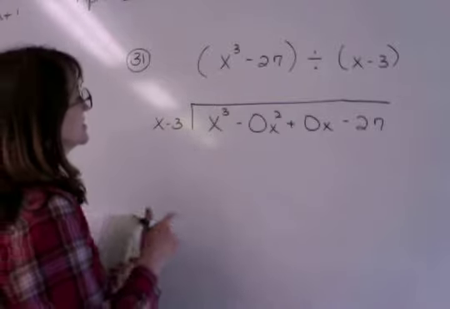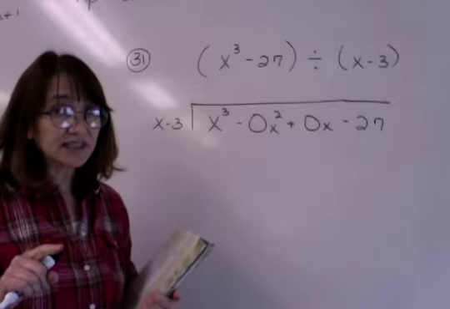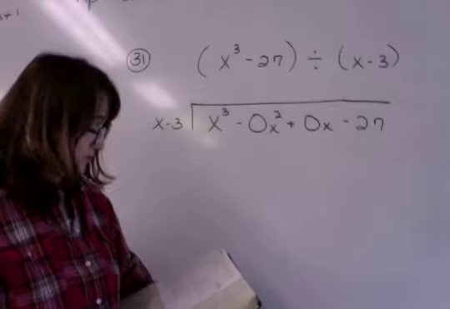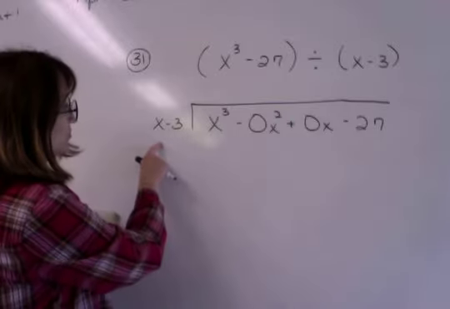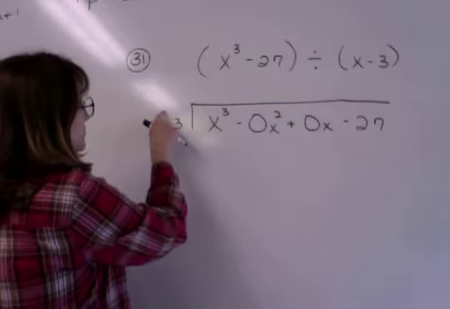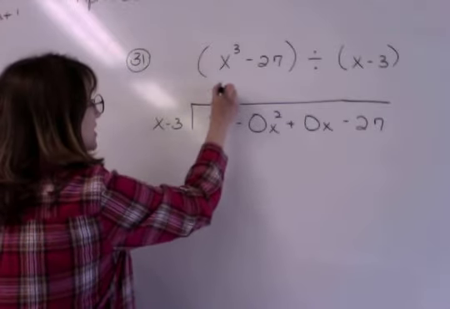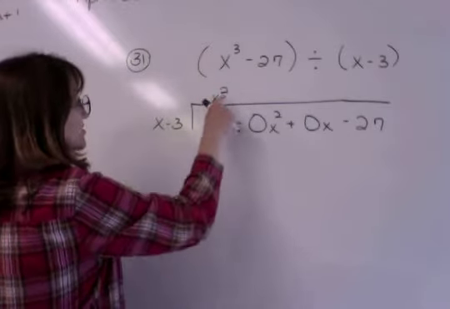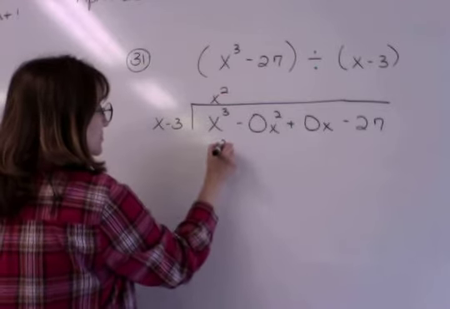So what would I multiply to x in order to get x cubed? Well, my little exponents would add together, so I'm going to have to multiply this by x squared. So that's x squared times x is going to be x cubed.